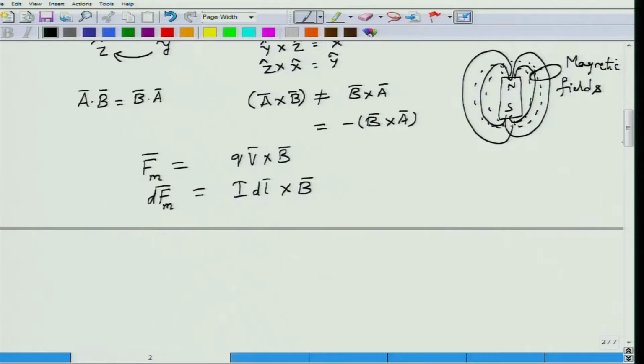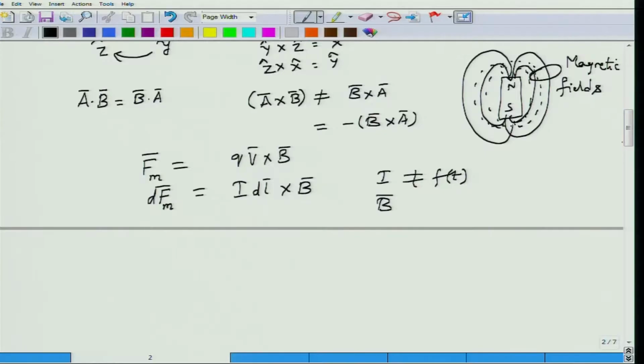This force on the current carrying wire, the small infinitesimal amount of force, is equal to I dl, the differential line element, times B, assuming that the current itself is not varying with time. This was a different case.